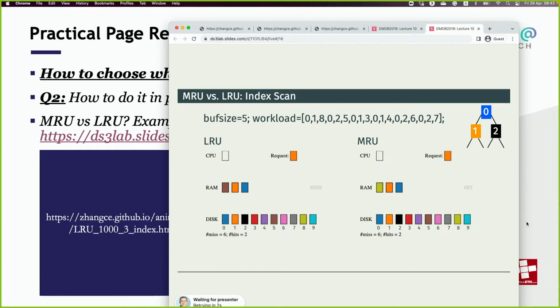And when that happens for LRU, this blue page highly likely will be inside your buffer because it's not the least recently used, given a reasonable buffer size. But for MRU, it has a tendency to evict the blue page because you often use that. It's often the most recently used page.